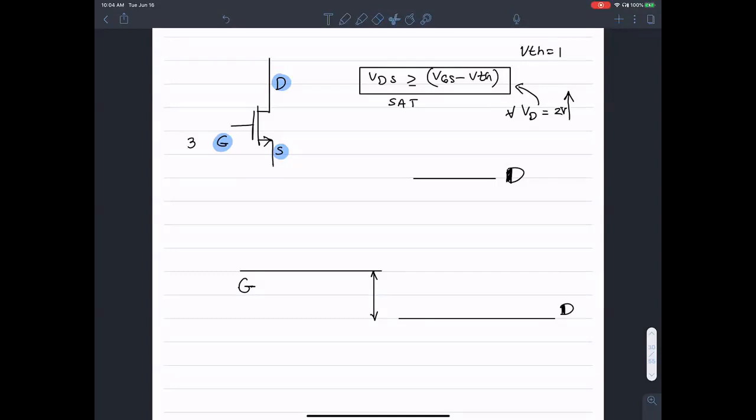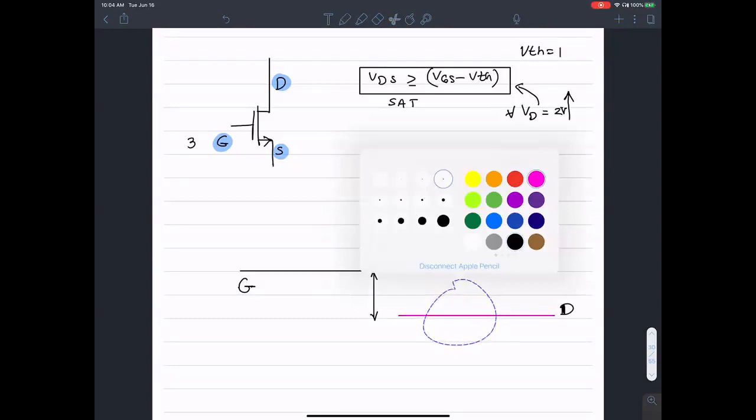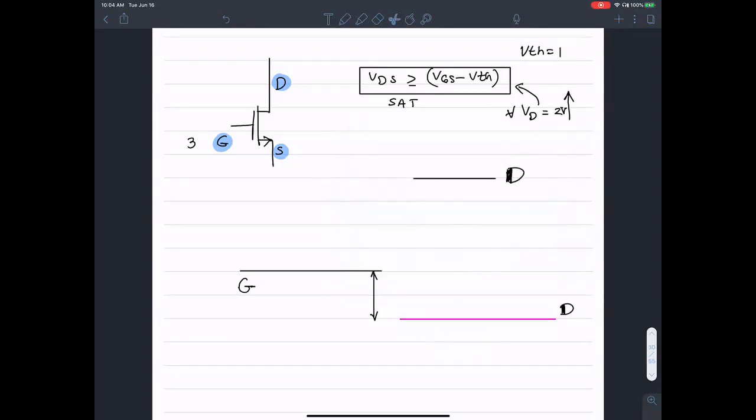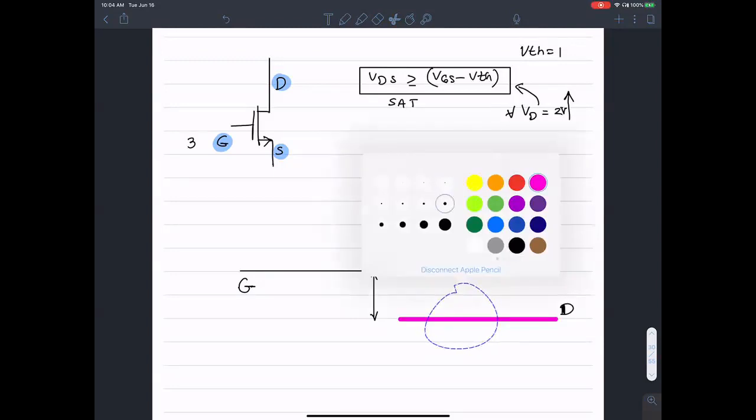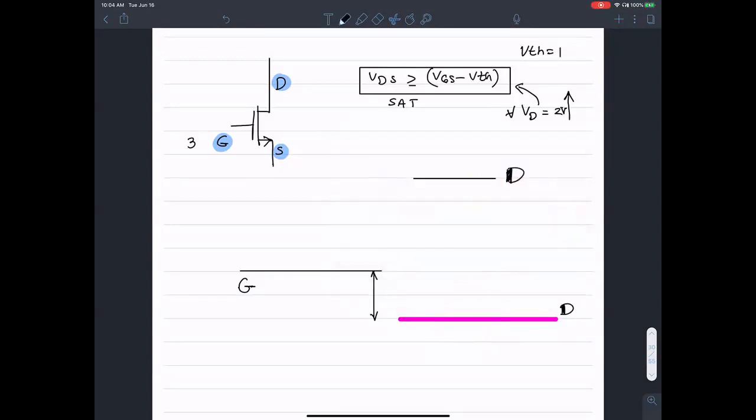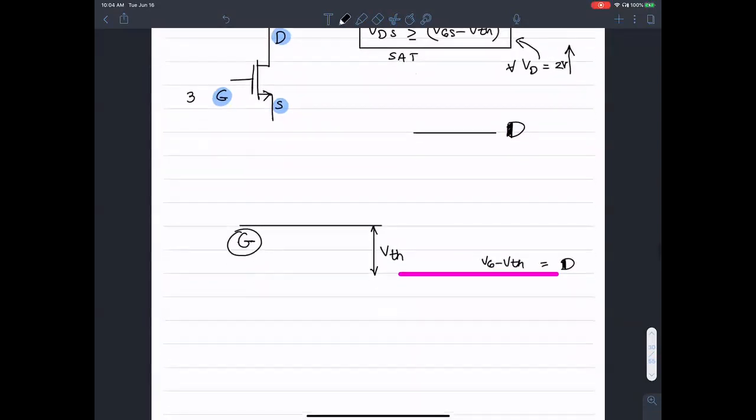Okay, so this voltage has a special significance. Let me highlight that. If VD equals VG minus VT, the drain is below the gate by one threshold voltage, VT or VTH. I keep using VTH and all of these terms interchangeably. That's called the edge of saturation.